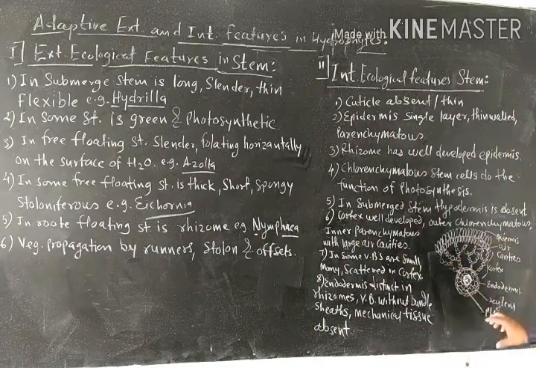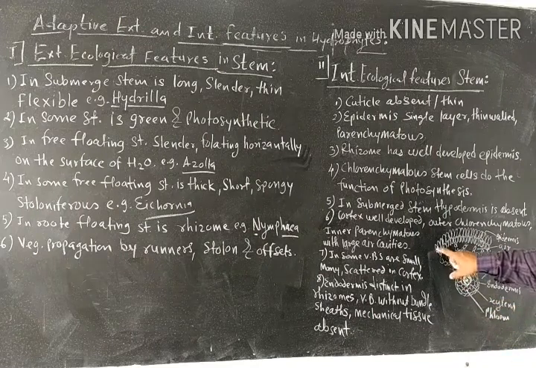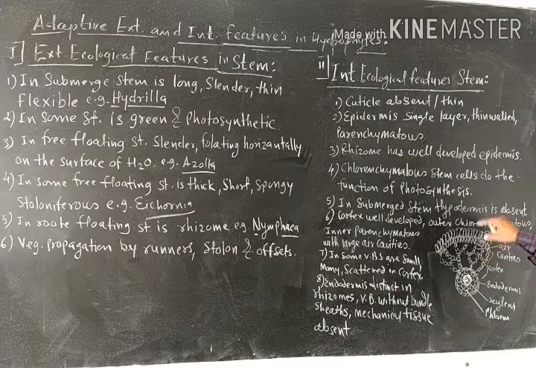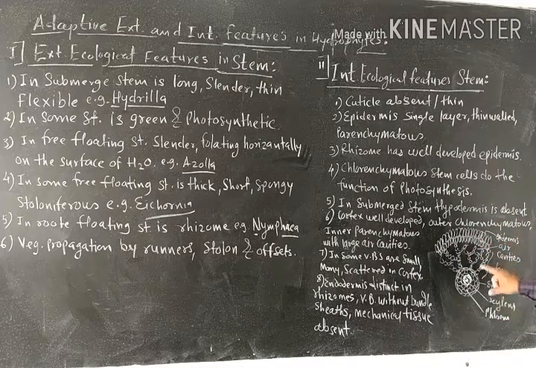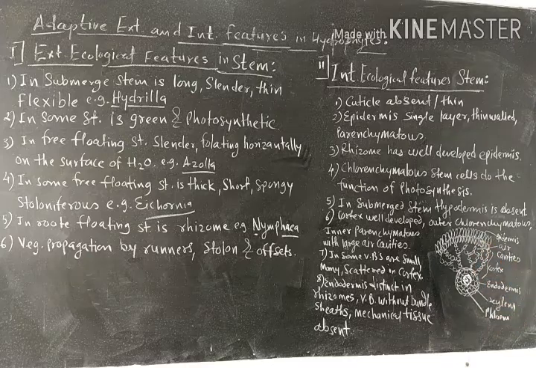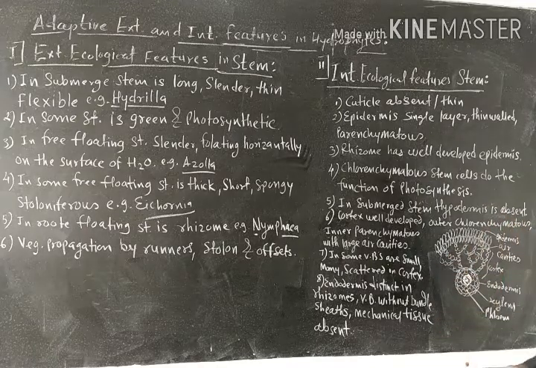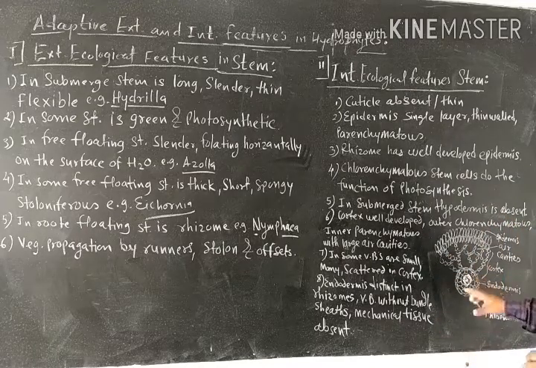You can see this is the internal structure of the stem of Hydrilla. The outermost single cell layer of parenchymatous cells without cuticle is called the epidermis. Then the cortex is full of air cavities. Then a single layer of endodermis. Xylem is less developed or reduced as compared to phloem.